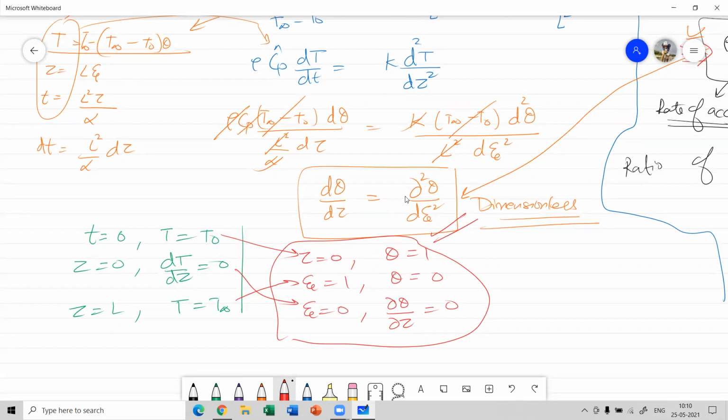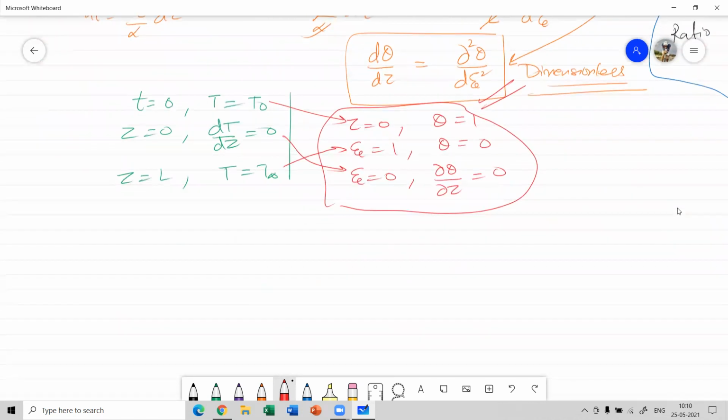Now this dimensionless equation, d theta by d tau equal to del square theta by del zeta square, can be resolved with the help of a method called separation of variables.